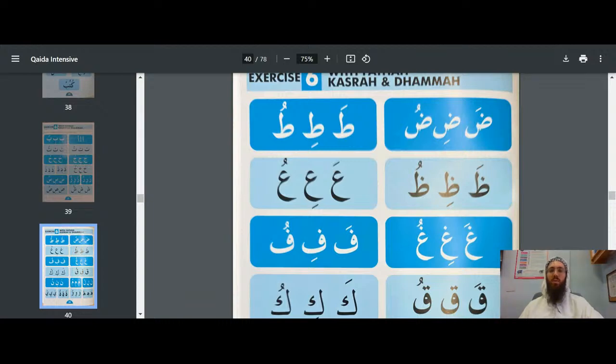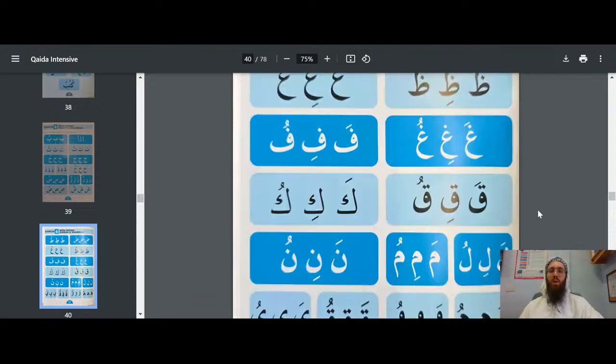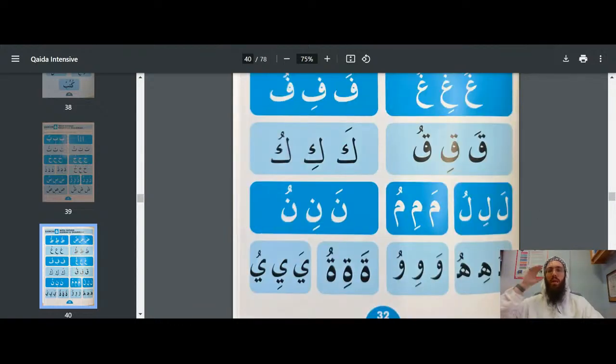Ra, ri, ru. Fa, fi, fu. Qa, qi, qu. Ka, ki, ku. La, li, lu. Ma, mi, mu. Na, ni, nu. Ha, hi, hu. Wa, wi, wu. And then you'll pronounce these ta, ti, tu. Ya, yi, yu.